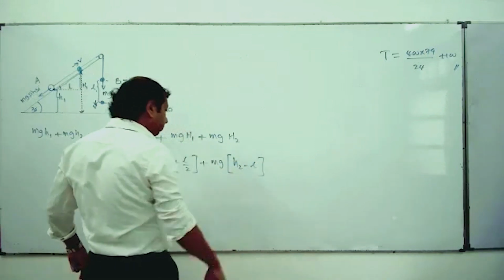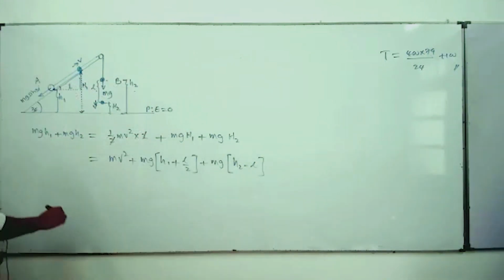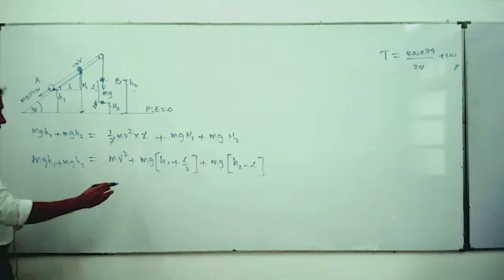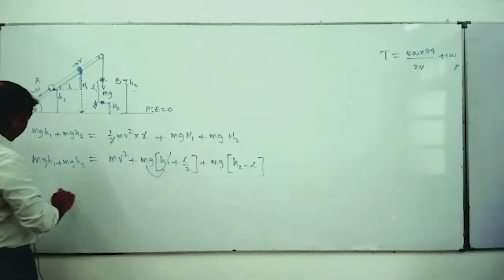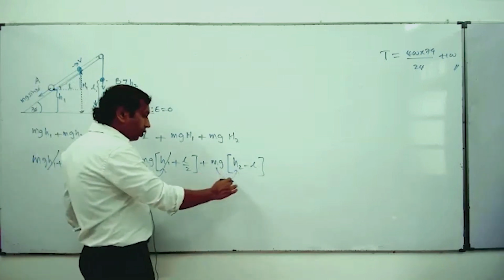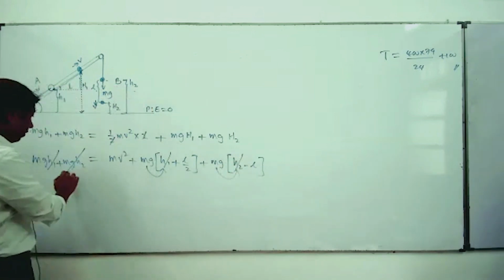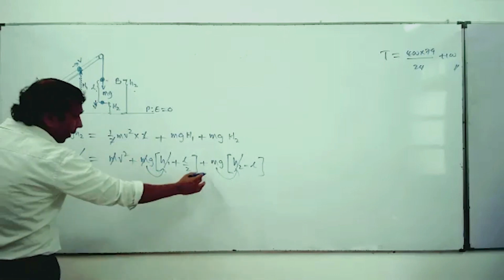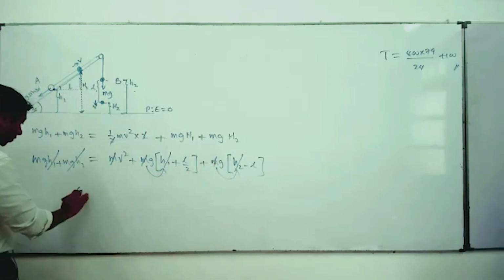Then here we have mgH1, mgH2. Here we have mgH1 that you can cancel down with this. Here we have mgH2 that you can cancel down with this. Then m you can cancel down. Left hand side we have 0.